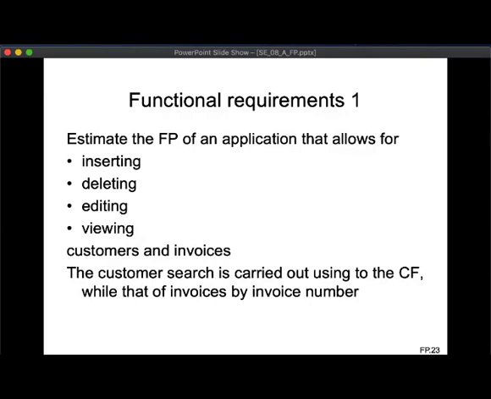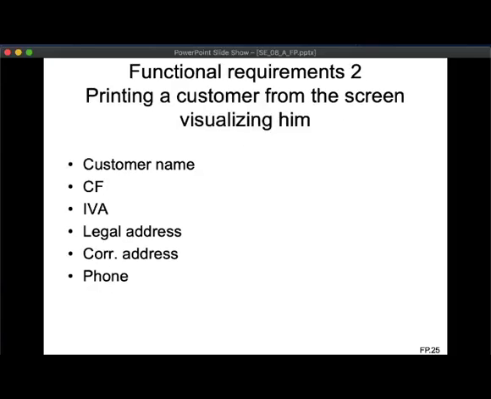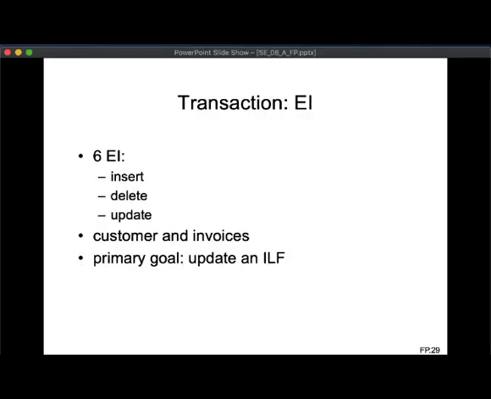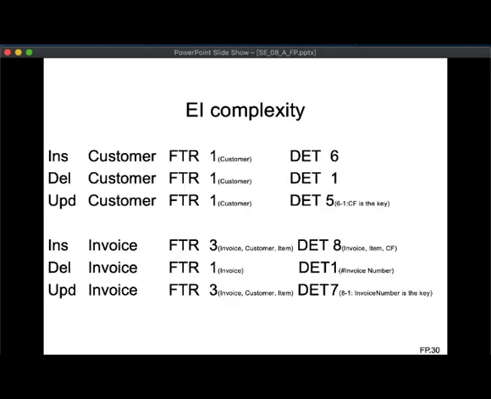Estimate the function that allows for inserting, deleting, editing, viewing customer and invoicing, and then there was the search part. The primary goal of this transaction was to update the corresponding internal logical files. Please note that we have exactly 1 internal logical file both for customer and invoice.